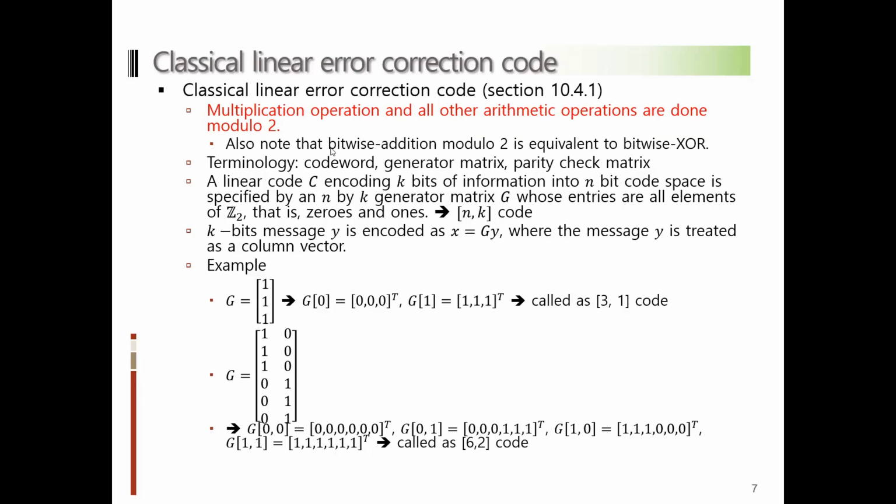I also want to point out that bitwise addition modular 2 is equivalent to bitwise XOR. Another terminology we are going to use is code word, generator matrix, and parity check matrix. Let me explain what each of these means in this page and in the next page.